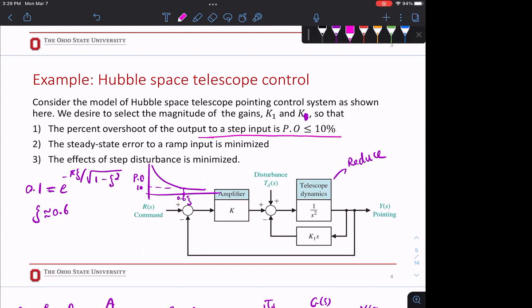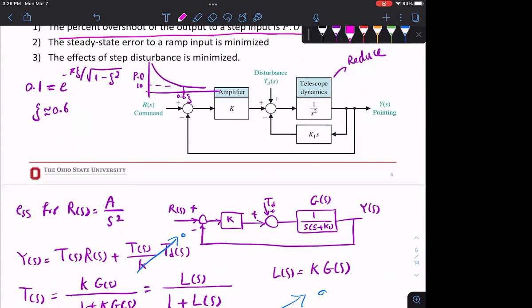From here, I found the zeta for that, right? I haven't evaluated my system if the input is a step. Let's do that. Let's evaluate the system for this. So you see that I'm doing 3 different things you could have done in any order, right? None of them still relate to each other.